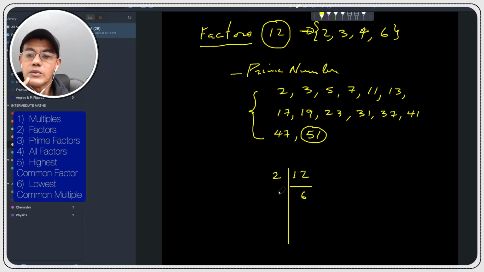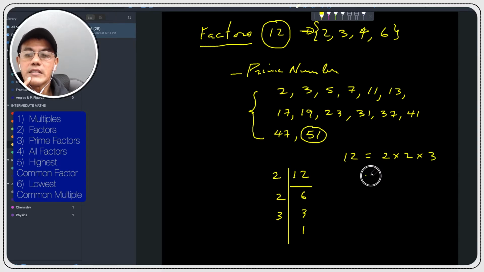Yes. So 2 into 6 would be 3. What can go into 3? Obviously 3, which is a prime number here, and you get 1. And so you will see that 12 is equal to 2 times 2 times 3.